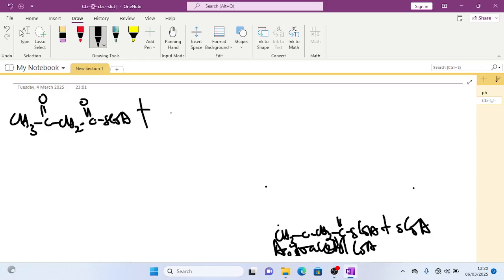We combine with this charged acetyl-CoA. Of course, we understand how we got the negative charge.